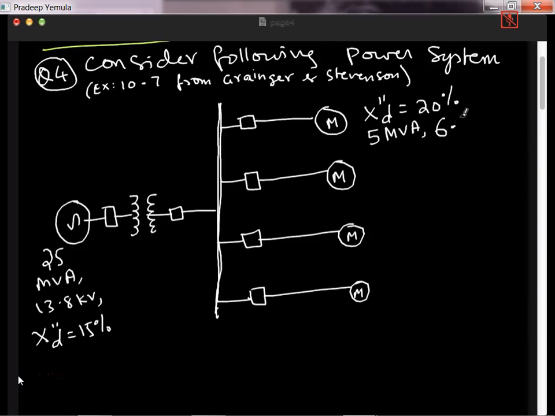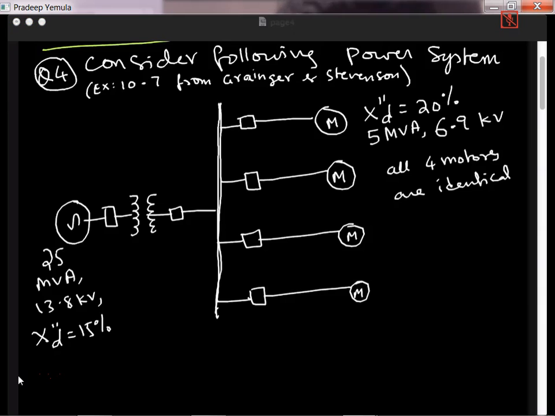So you notice that the line voltage at the generator side is 13.8 kV, whereas the voltage at the motor is slightly lesser, 6.9 kilovolts. So anyway, let's continue. These 4 motors are identical, all 4 motors are identical.